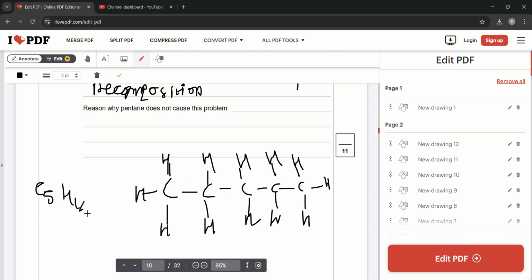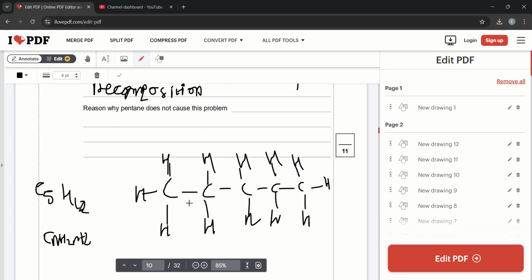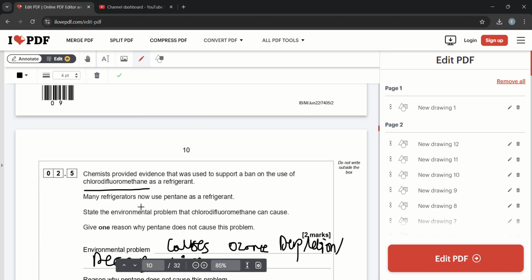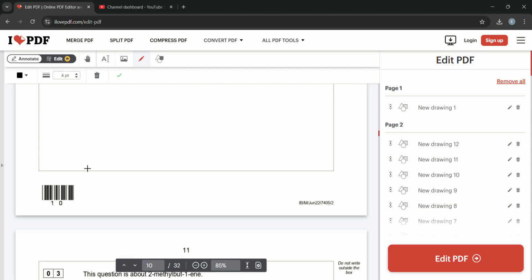Of course, it's an alkane, so it's CnH2n+2. The reason I showed this is because you can see here we only have C-H bonds and C-C bonds. Unlike chlorodifluoromethane, pentane does not have C-Cl bonds, and therefore pentane cannot cause ozone depletion / decomposition, as pentane does not have carbon chlorine bonds. And that is the end of question 2.